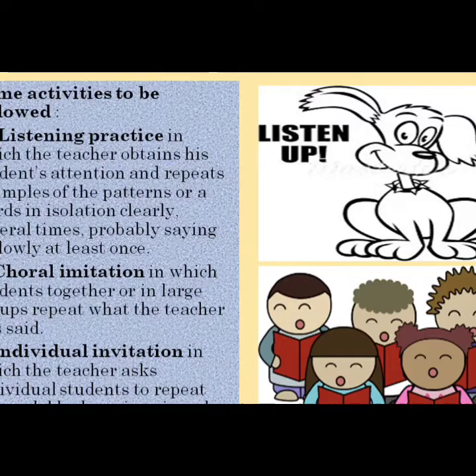Number two, choral imitation, in which students together or in large groups repeat what the teacher has said. Number three, individual imitation, in which the teacher asks individual students to repeat the model he has given in order to check their pronunciation.